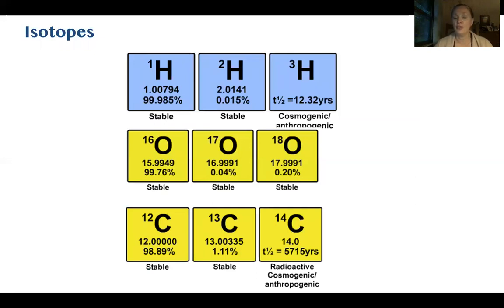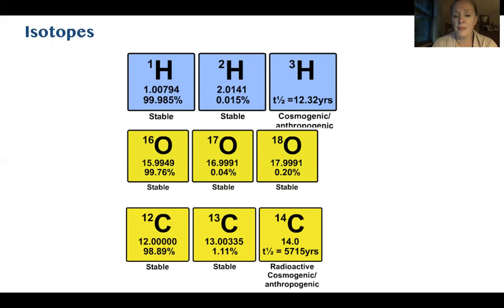Okay, so we know its atomic number is still 1. Hydrogen always has 1 proton in it, no matter what isotope it is. If it's the element hydrogen, it's always 1 proton. Any difference in protons means it's a different element. So hydrogen 2 has a neutron in it. So 1 proton plus 1 neutron gives it an atomic weight of 2.